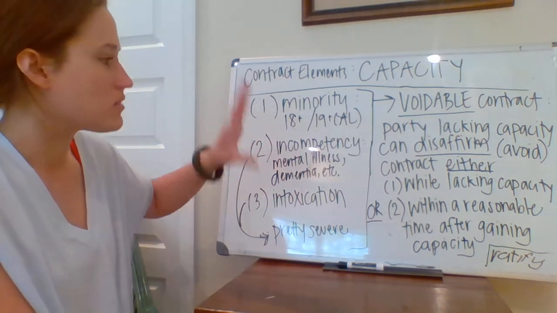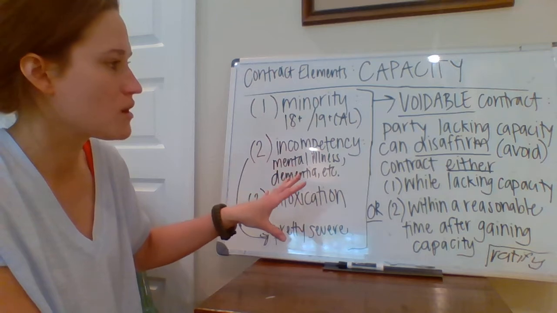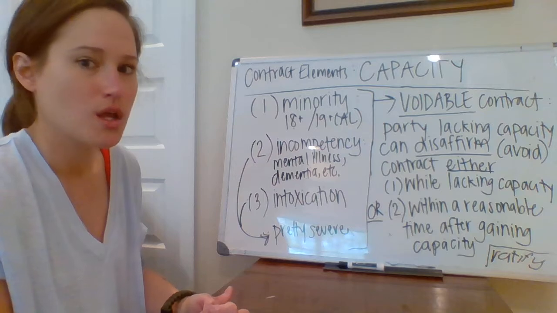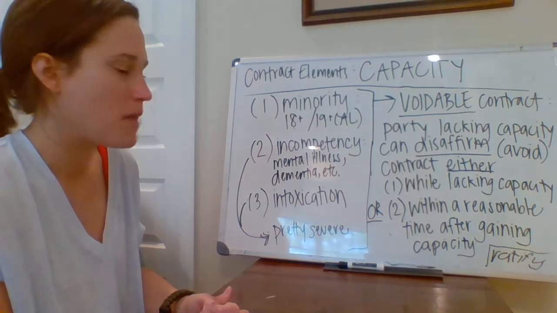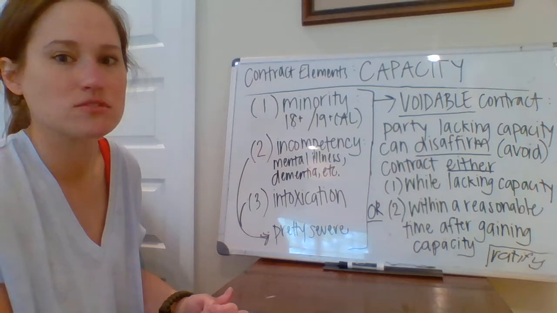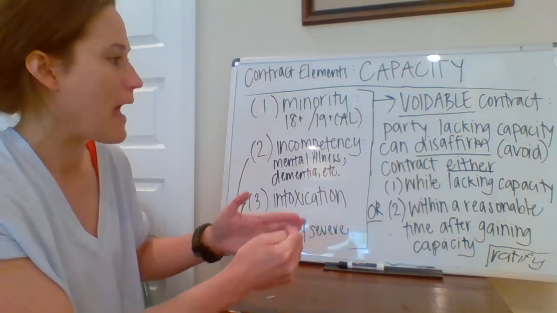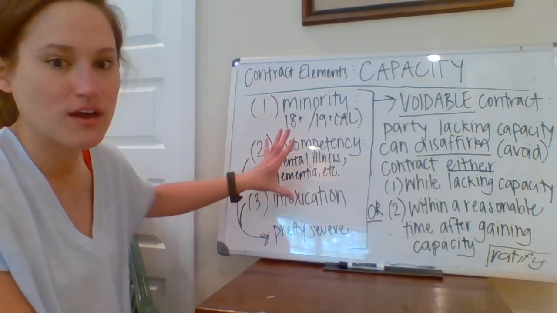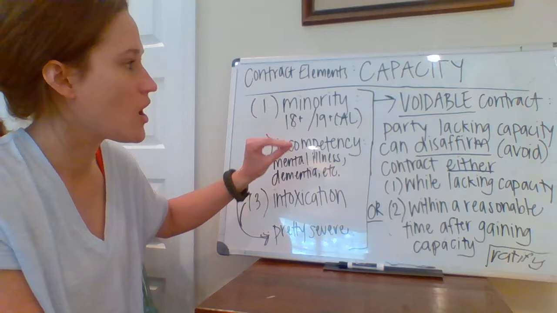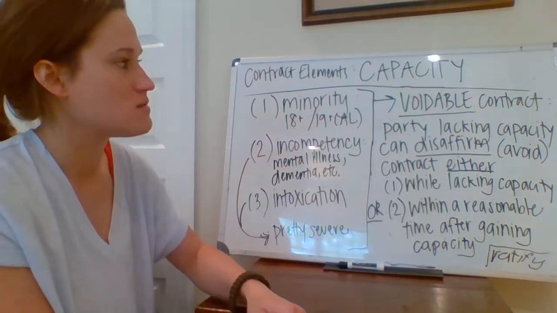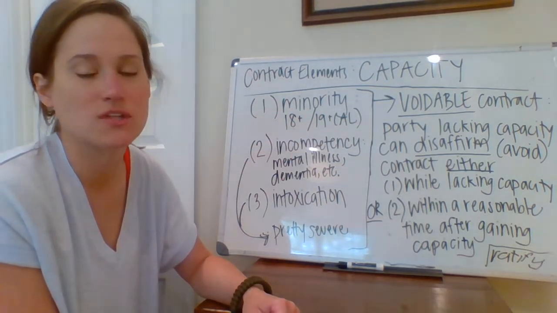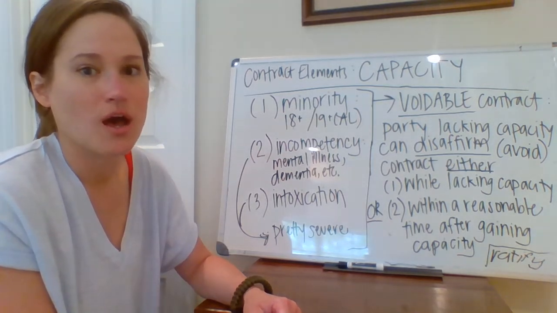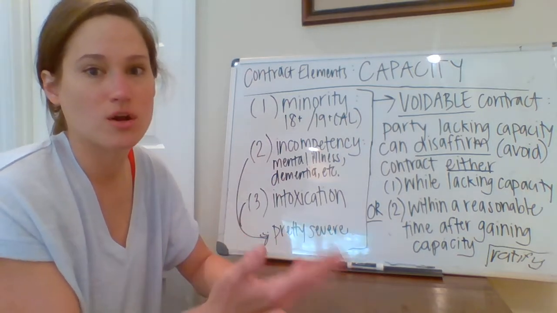So again, a lot of information up here, and it sort of looks like a lot while it's all up here on this board. But the basic rules are actually fairly straightforward once you unpack the different types of capacity issues and then recognize that, once we've identified one of these, we know that our effect is going to be the same, and then we just have to understand what an avoidable contract is and what that allows a protected party to do.